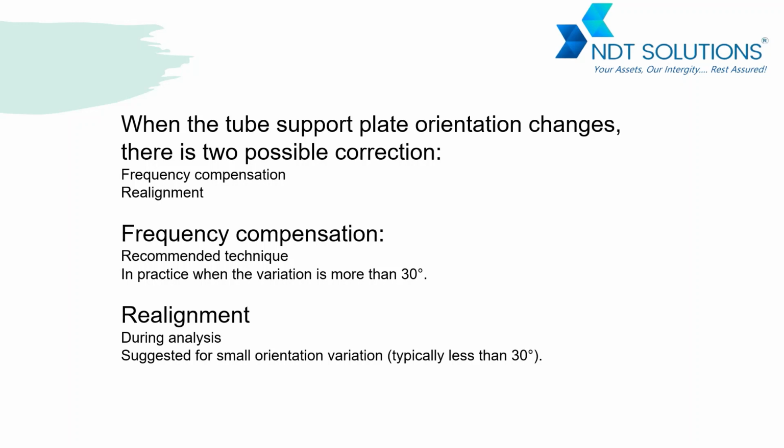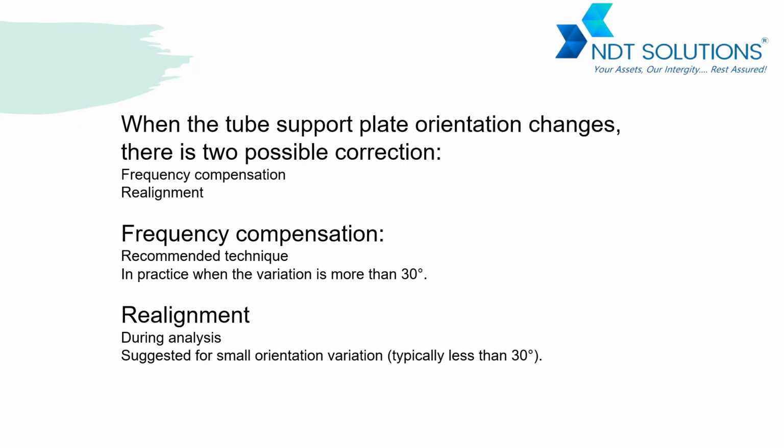So all the tubes have different orientation. How can we rectify this? We cannot make a setup for the periphery, another setup for the inlet, and another setup for the outlet or different portions. So we need a frequency on which we can do all the inspection.